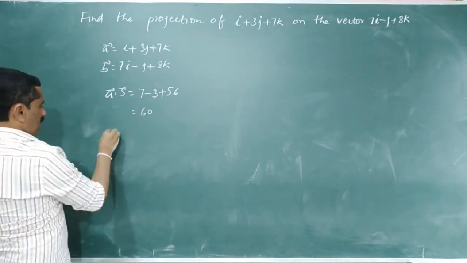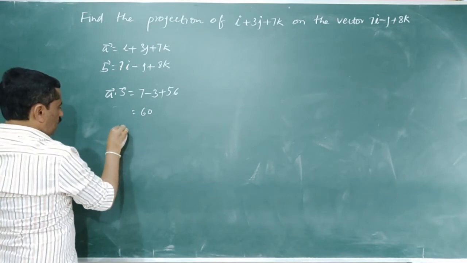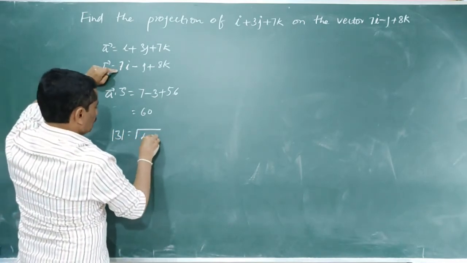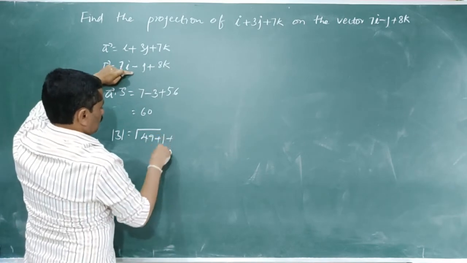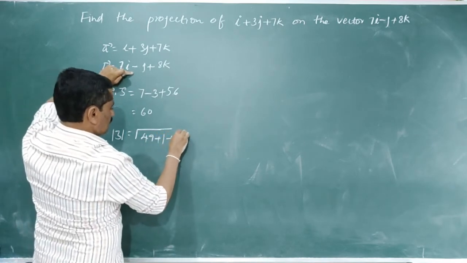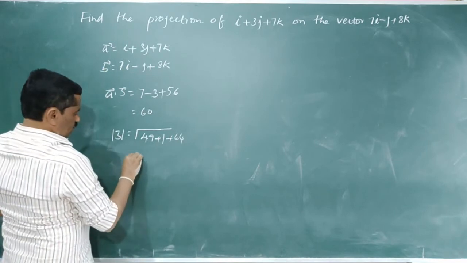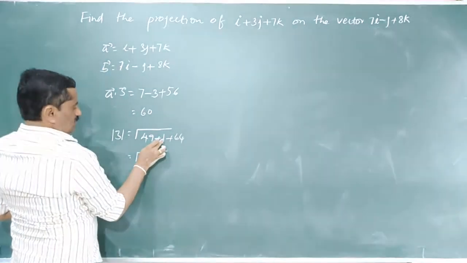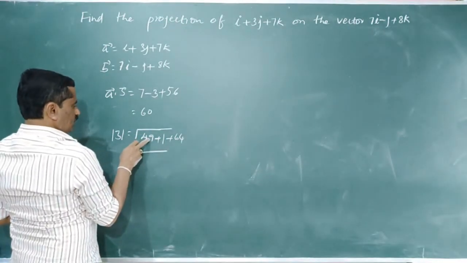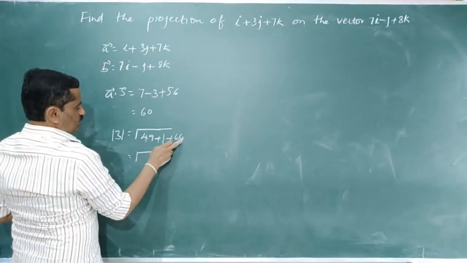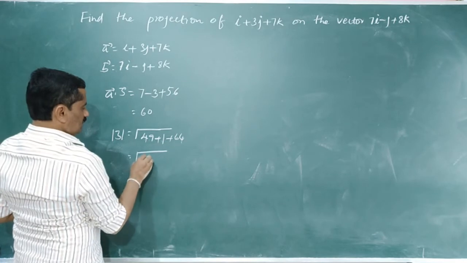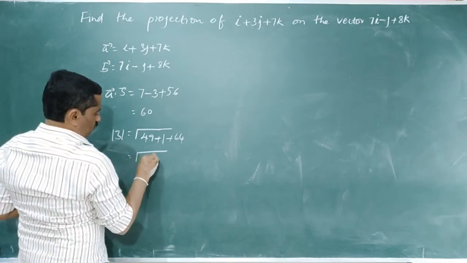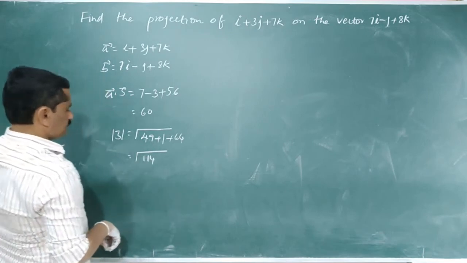Then we need to find magnitude of b bar. Therefore magnitude of b bar is equal to square root of 7 square, 49, plus 1 square, 1, plus 8 square, we have 64. Again that is equal to square root of 50 plus 64, we have 114.